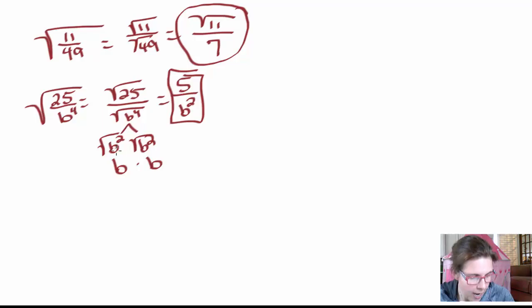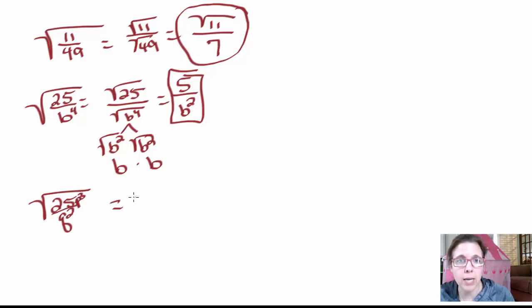Now, what if we have the square root of 25p cubed over q squared? So again, it's going to be the square root of 25 times the square root of p cubed over the square root of q squared.